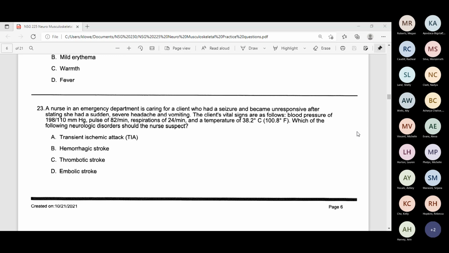Okay. Is it hemorrhagic? It is hemorrhagic. Why is it hemorrhagic? Well, the nausea and vomiting put me in the mindset of increased cranial pressure. Right.